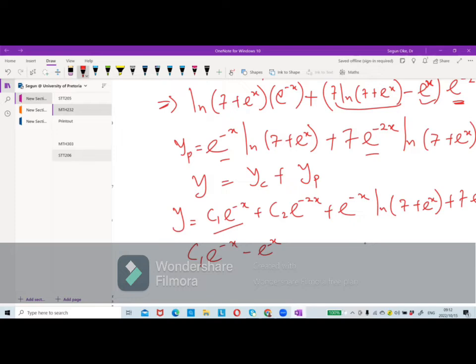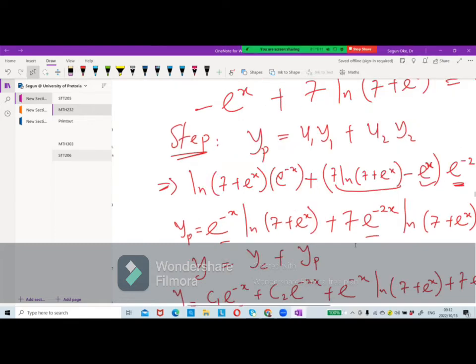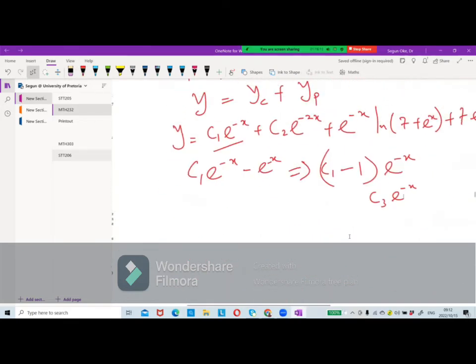So if you merge it together, it's fine. If you don't merge it together, there's no crime. But some people would like to merge it together, which is going to be C1 minus 1 exponential minus x. We can call this one C3 exponential minus x, just to reduce it. Because constant is still constant, anytime, any day.